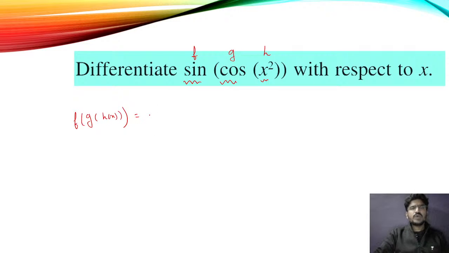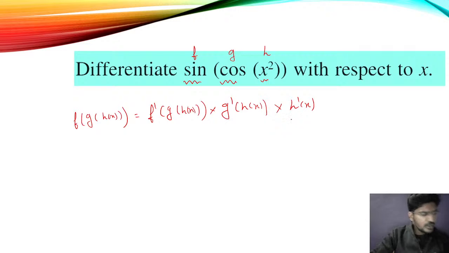So first you have to differentiate f, that is f dash, and write the variable as g of h of x, multiplied with the differentiation of g, that is g dash of h of x, multiplied with the differentiation of h of x, that is h dash of x. Clear? So like this you have to solve.